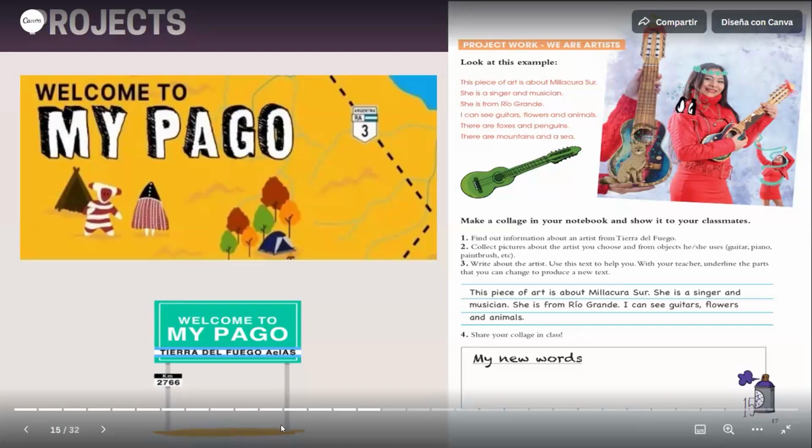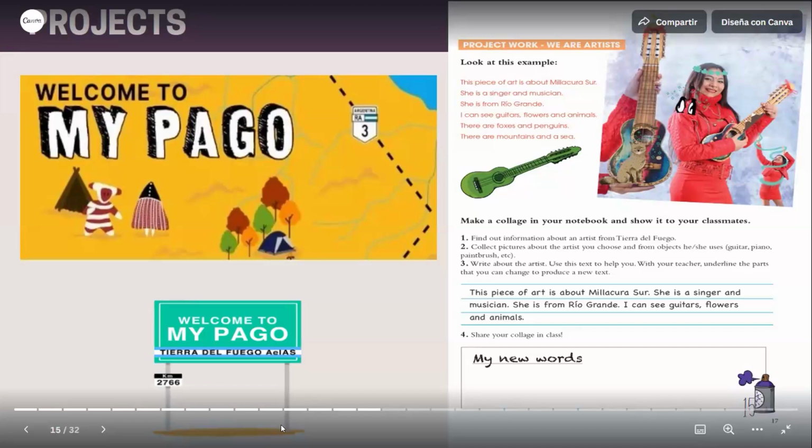And here are some examples from some activities related to the development of projects. For example, I want to focus on the project shown there, which is making a piece of art and finding out information about an artist from, in this case, Tierra del Fuego.